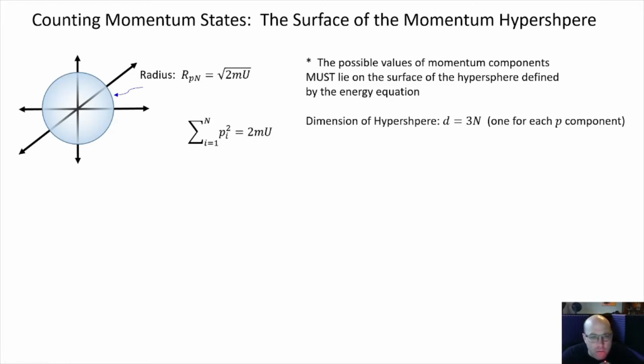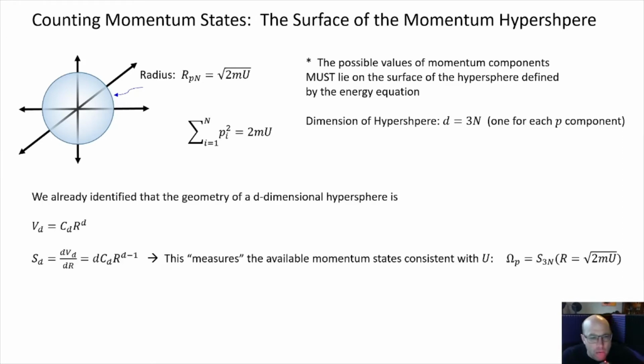So how do we count states on the surface of a hypersphere? The answer is we have to calculate the surface area of the hypersphere. Last time we identified that we could write the general volume of a d-dimensional hypersphere as some constant times the radius of the sphere raised to the power of the dimension.